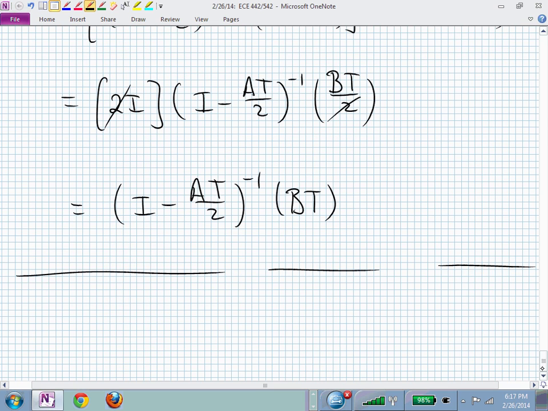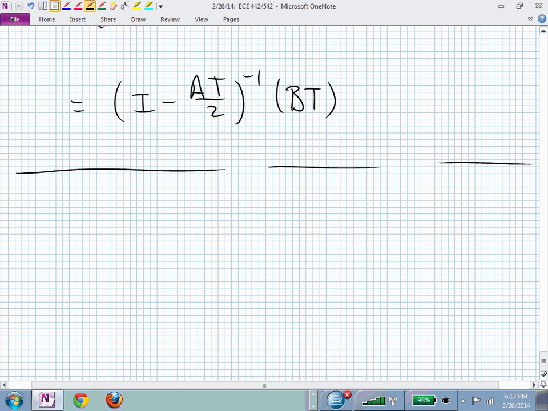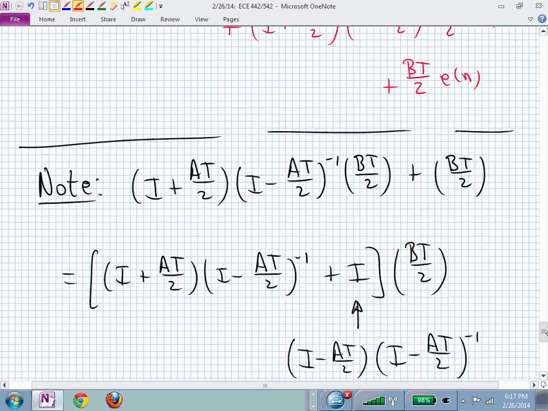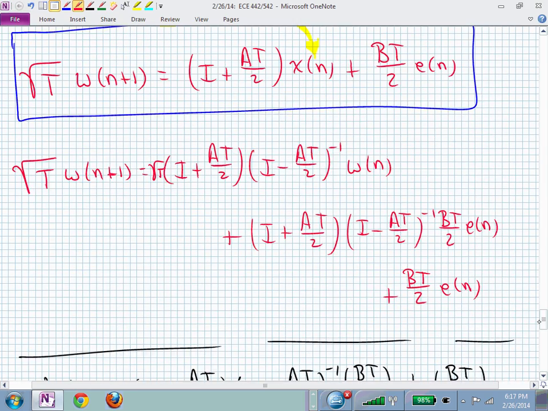So now I'm going to go back to red and say that I now have W of n plus 1. What I want to do now is divide everything by the square root of T and get rid of that scaling factor on W of n plus 1.